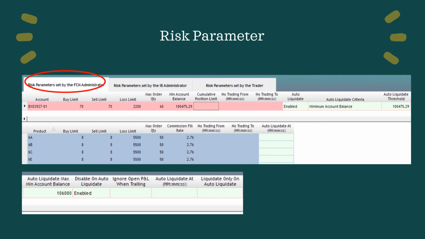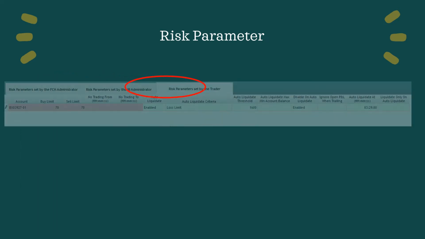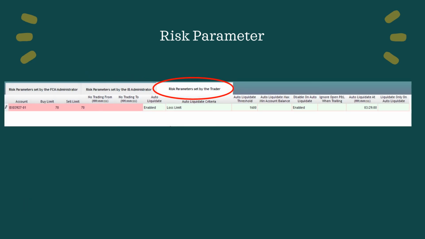So what can we do? Well, we can be stricter on the risk parameters ourselves by doing this. Go to the risk parameters set by the trader. And over here, you see that I personally put a stronger loss limit for myself, whereas the administrator's is 2,200.